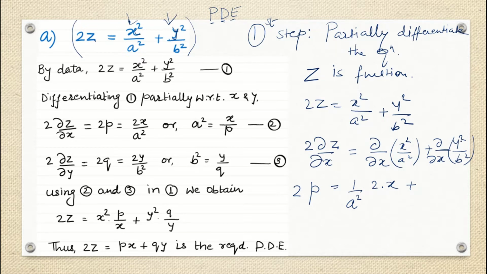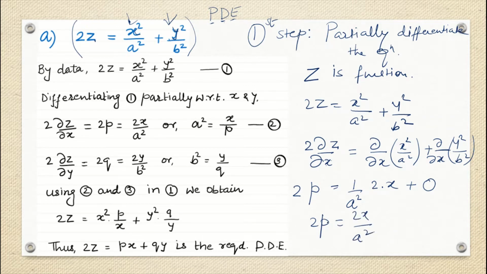So y I will treat as constant, and b we know is an arbitrary constant only. So this complete thing is constant, and del by del x of constant will give you 0. So that means 2p is 2x by a square.